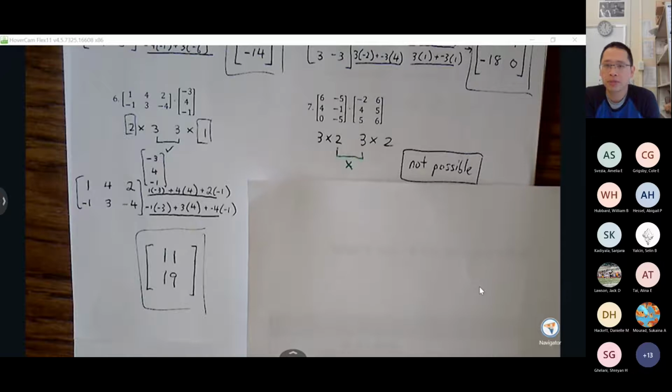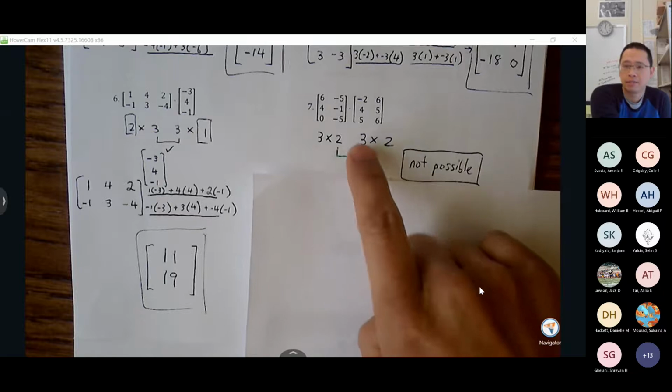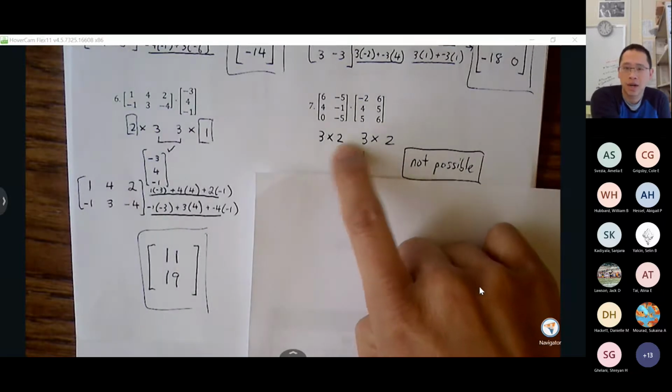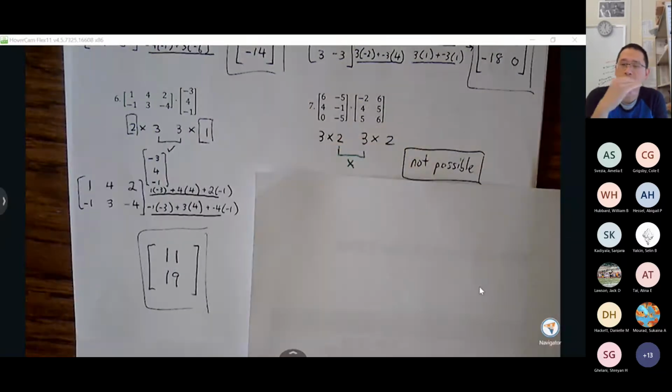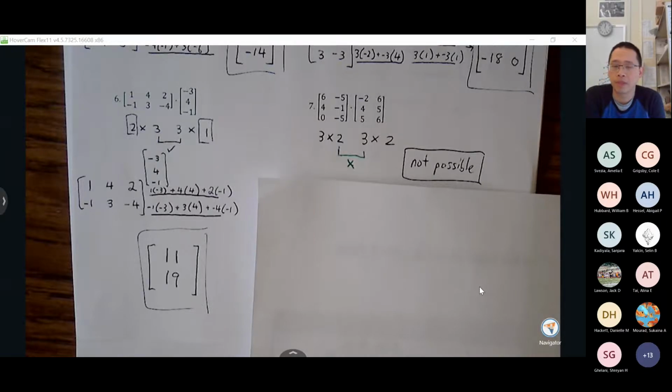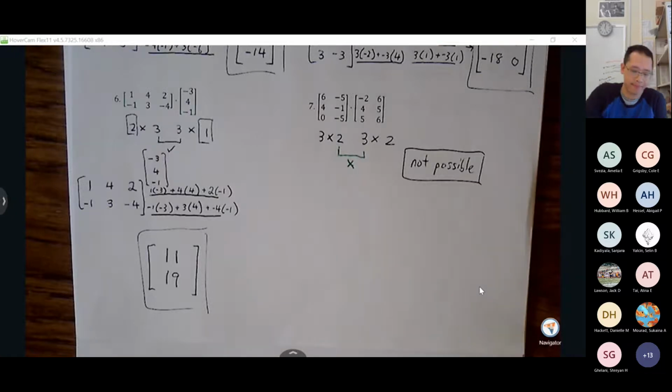We have a 3 by 2 matrix trying to multiply with a 3 by 2 matrix. If the inside dimensions are not the same, we're not going to be able to pair them up and create a multiplied matrix. So number 7, we just have to stop and say that it's not possible. Okay. All right, back page.